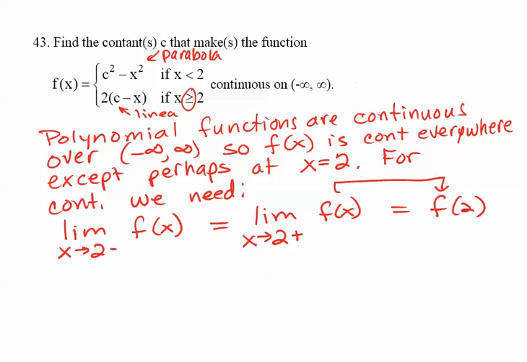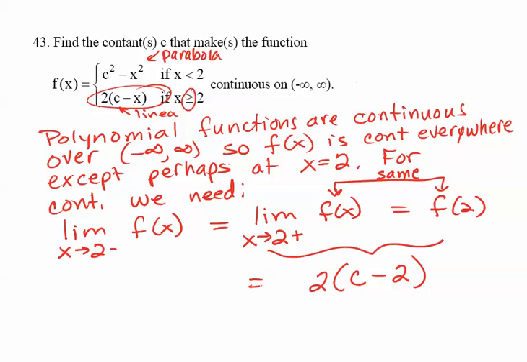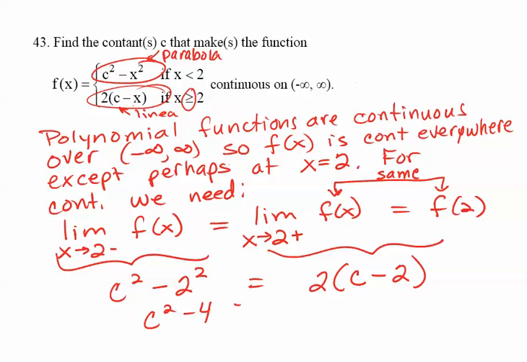Notice that these two are the same domain. These two are both included in the second part of the domain. So both of these would be equal to 2 times c minus, and now don't put in x, we're looking specifically when x is equal to 2. And when x is smaller than 2, we are using c squared minus our x value squared. So c squared minus 4 has to equal 2c minus 4.